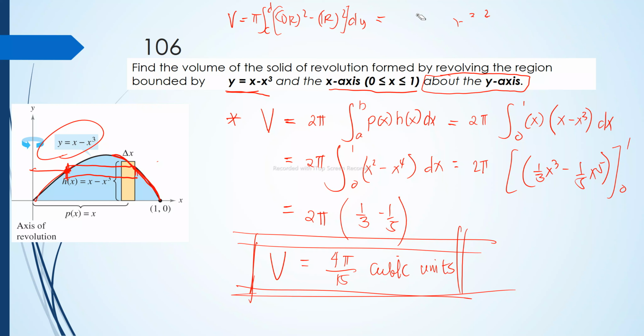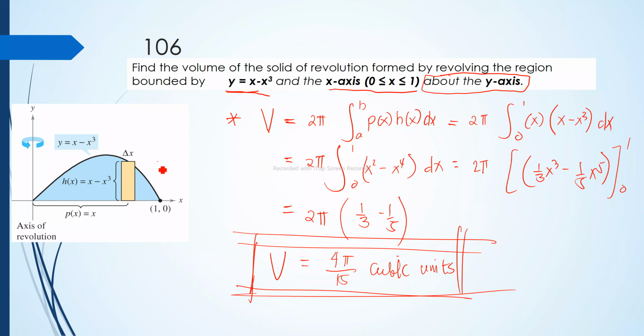Actually, we can apply the washer method with this problem, but we need to divide this curve so that it does not equal 0. So where do we divide?